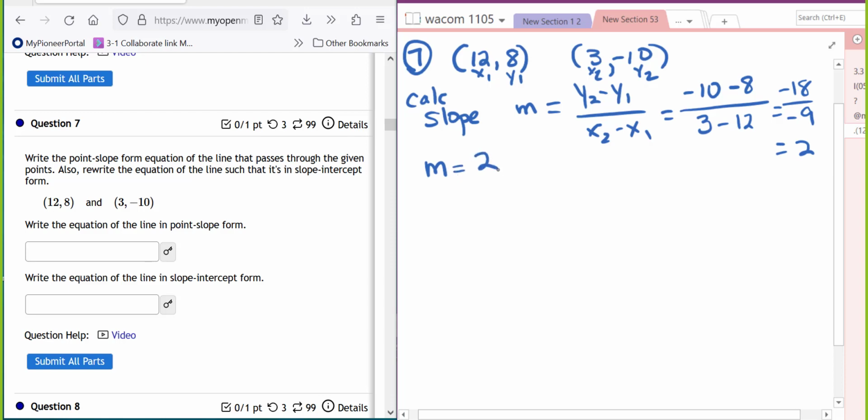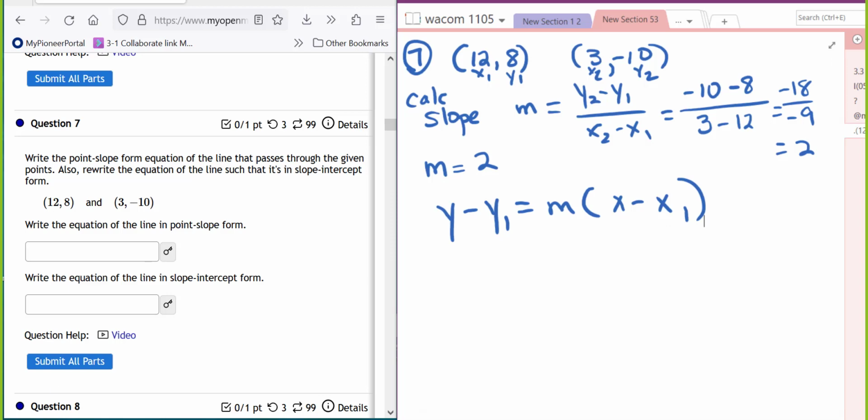And so now we can write our equation of the line. So y minus y1 equals m times x minus x1. If you say that out loud every time you write it down, it will help you to memorize because you're hitting multiple senses by doing that. All right, so we're going to plug in, and then this would give us our first form.